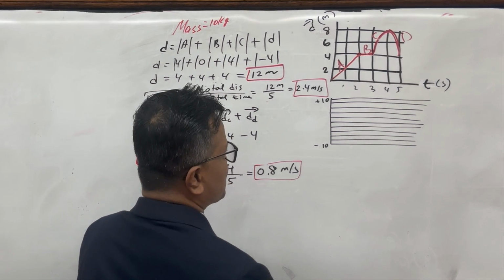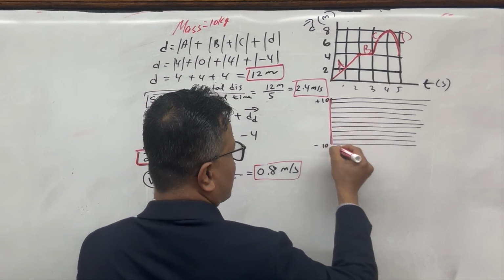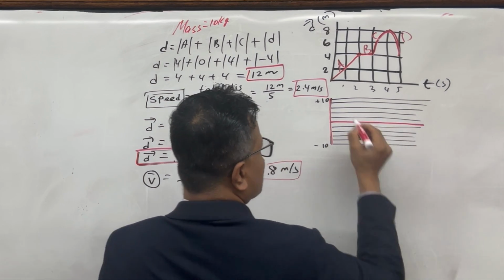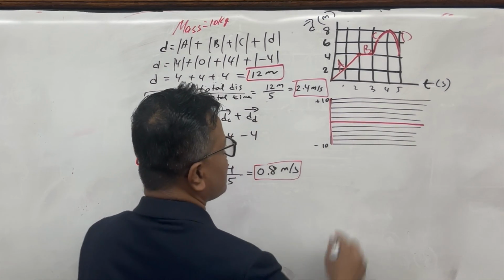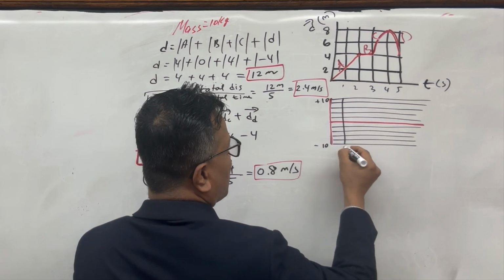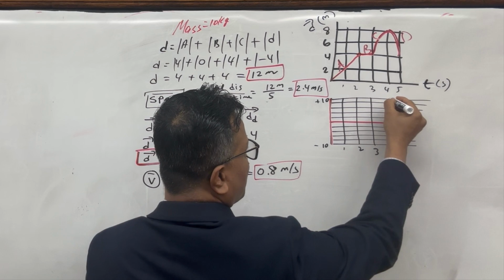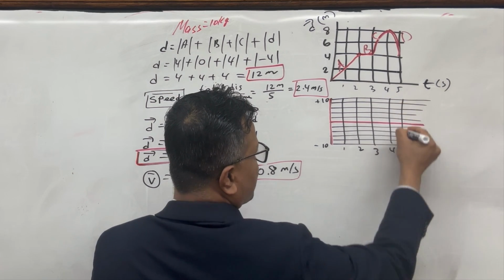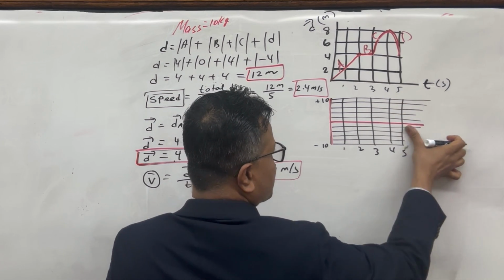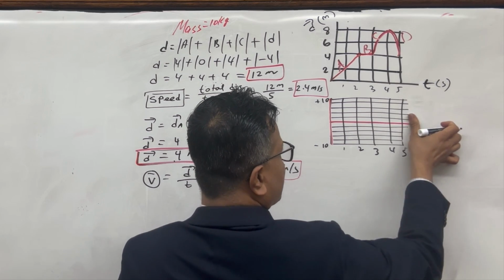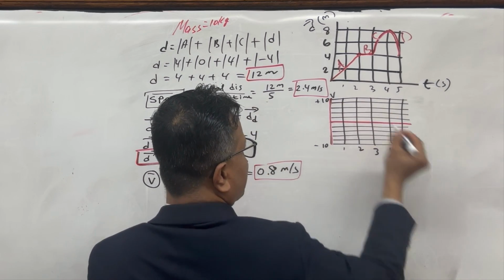And this is, of course, your x and y. So this is what? Your 1, 2, 3, 4, and then 5. We don't need this, so I'm going to erase it. And this is velocity versus time.